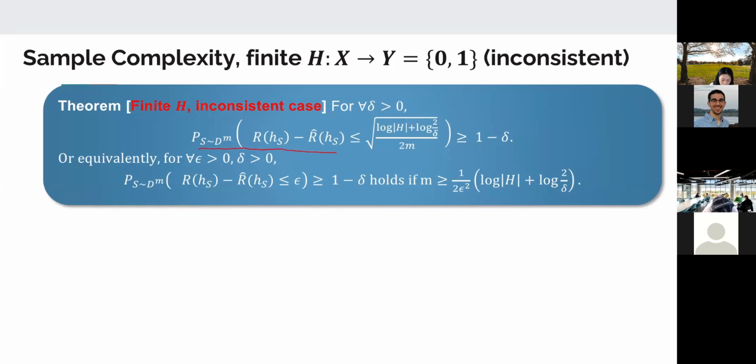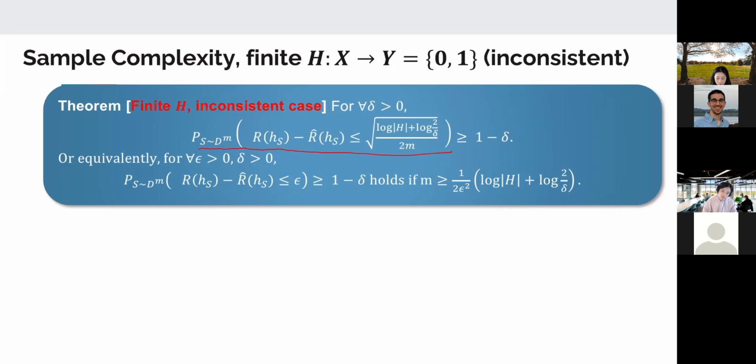The generalization gap is essentially the square root of (log cardinality of H plus log 2 over delta) divided by 2m. This is the deviation, or the generalization gap, and the probability of the generalization gap being smaller than this is very high, essentially 1 minus delta.